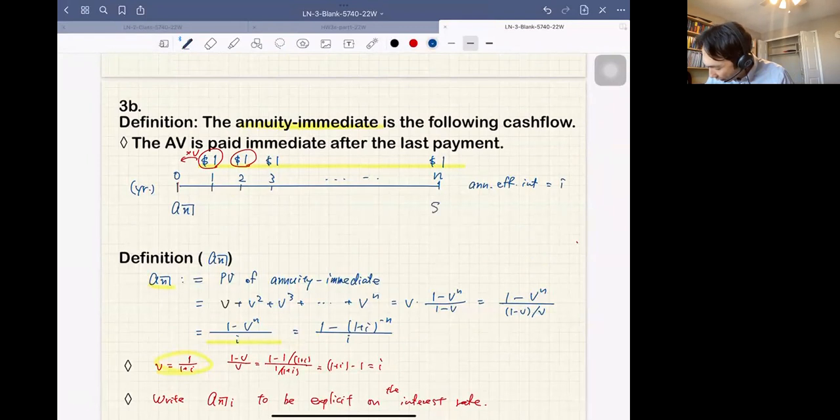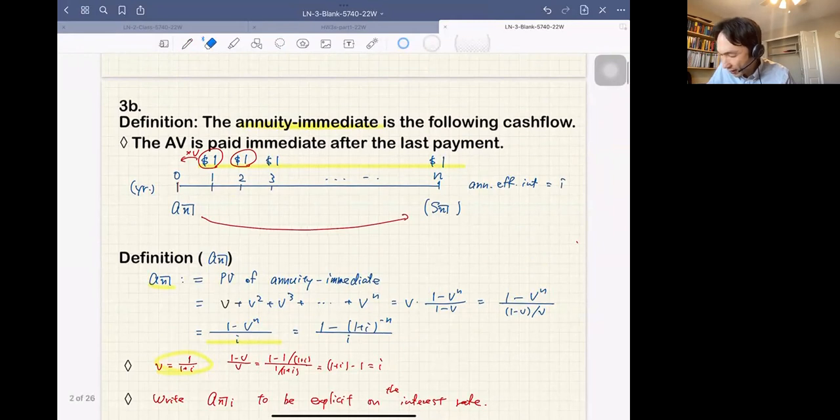So basically, this accumulates the n years of interest. So the s angle n is the a angle n times 1 plus i to the power n.